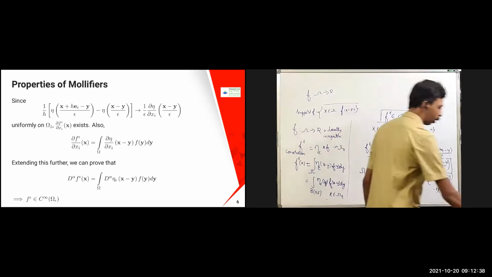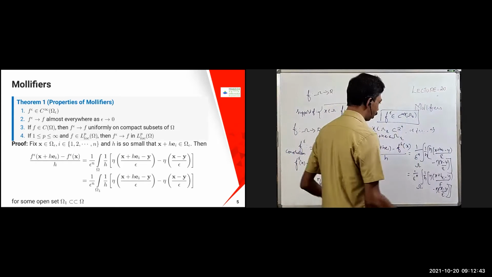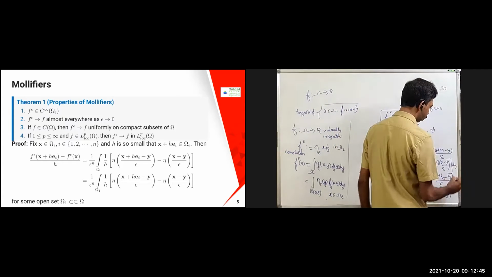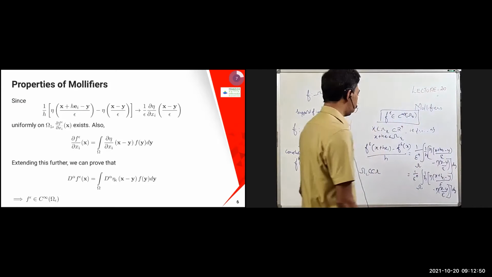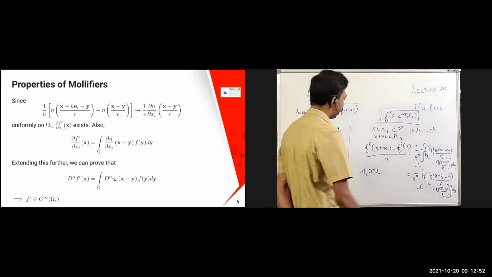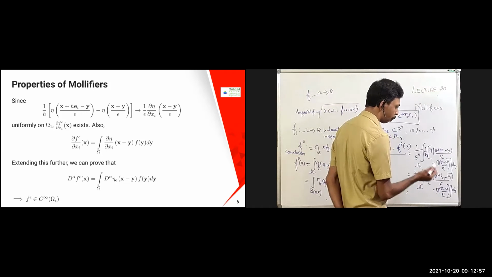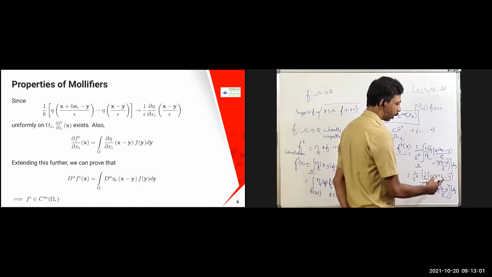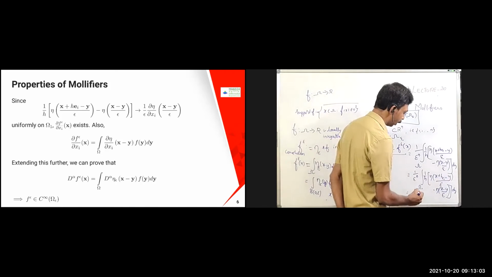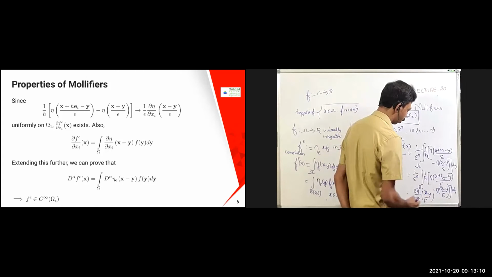Here, actually, this is with respect to dy, so the dy is missing. Now, if we apply k tends to 0, this is going to become the partial derivative of eta; I'm taking only this part. So it is going to become the partial of eta with respect to x_i, at (x minus y) by epsilon, as k tends to 0.